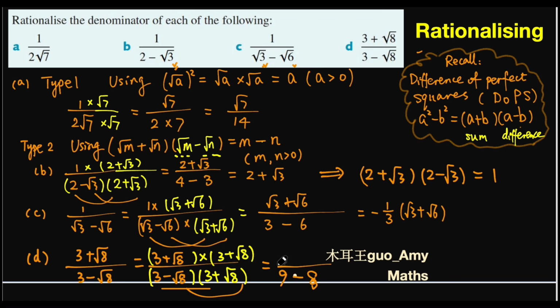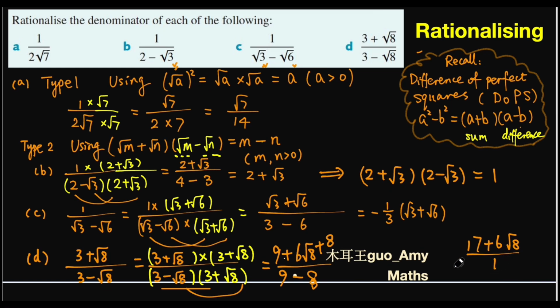And then for the numerator part, these 2 terms are the same. We will have 3 times 3, it's 9, and then 3 times root 8, 3 times root 8. Combine them, we will have 6 times root 8. After that, we will have root 8 times root 8, which is 8. Then simplify it further, we will have 17 plus 6 root 8 over 1.